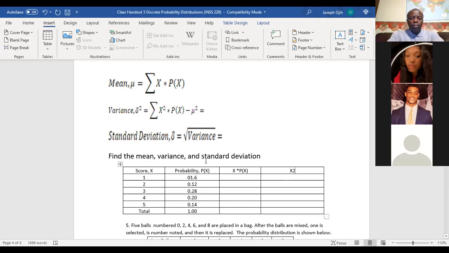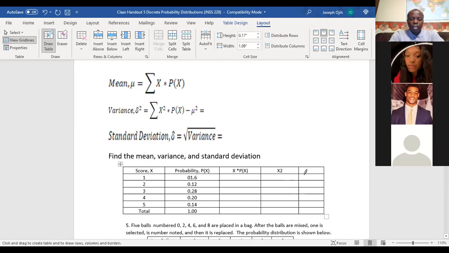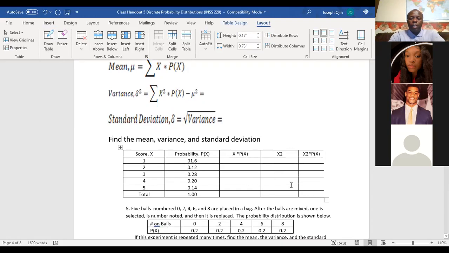So let me just put the numbers in our table. So we have x squared times px. One is x squared times px. Now, this is what we're going to fill in, these 3 columns.